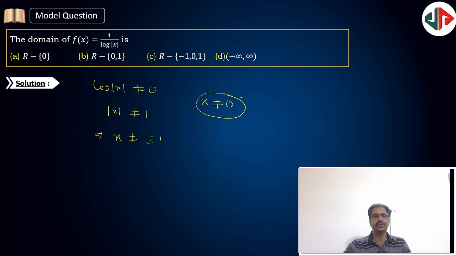X should not be 0 because log 0 is undefined. Mod x should not be 1 because if mod x is 1, log 1 is 0, 1 by 0 is undefined.